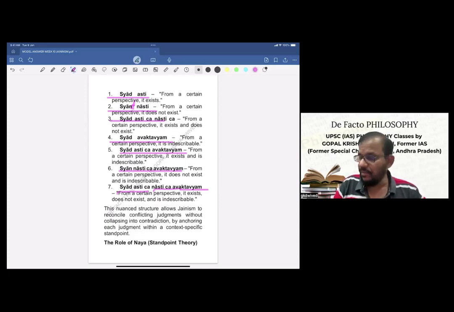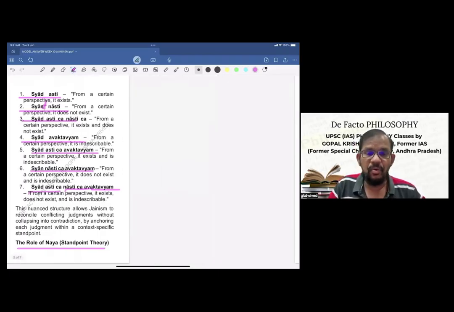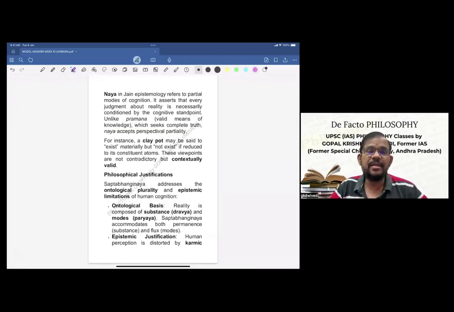Now, in this Saptabhangina theory, what is the role of Naya? Let us understand that, because briefly we will have to mention that also in the answer. Now, the role of Naya. Naya in Jain epistemology refers to partial modes of cognition. So this is the meaning of Naya. It asserts that every judgment about reality is necessarily conditioned by the cognitive standpoint.